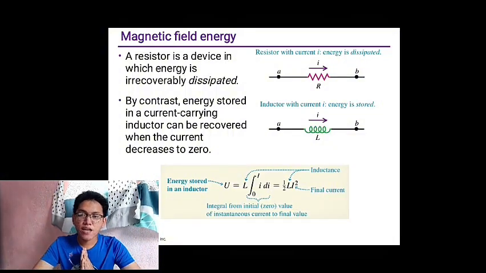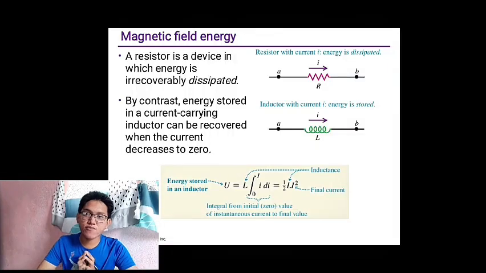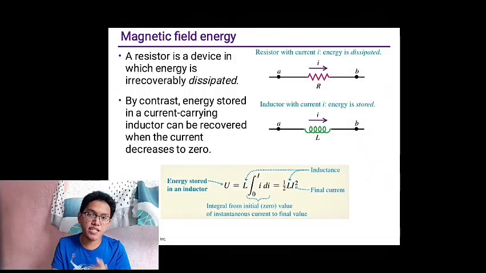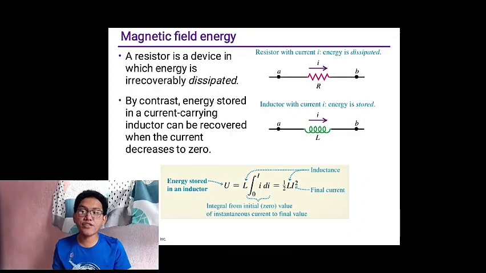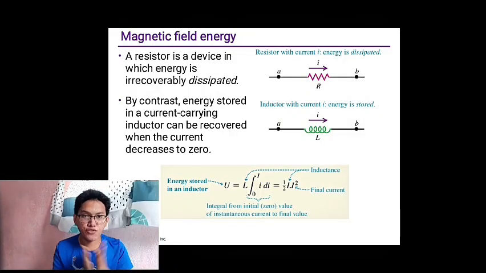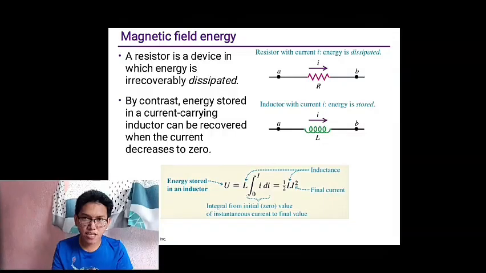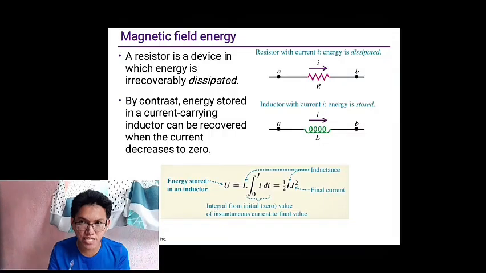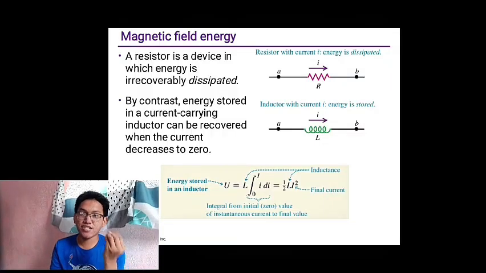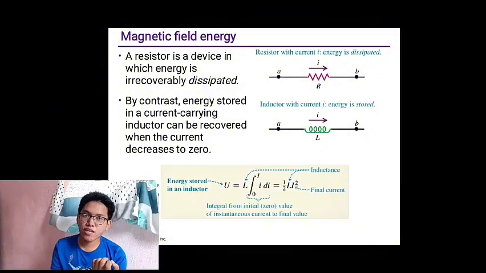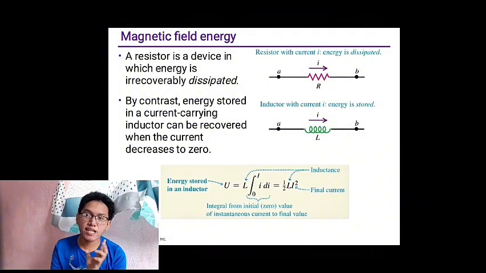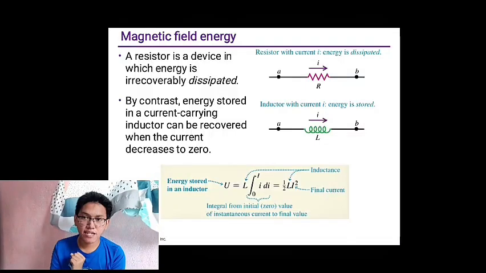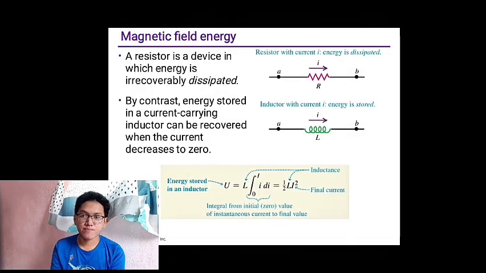So these are the formulas for the energy stored in an inductor. We have here the U, which is the energy stored, measured in joules. The U is an energy, which is equal to 1/2 L I squared. What is L? L is inductance and I is current in amperes.